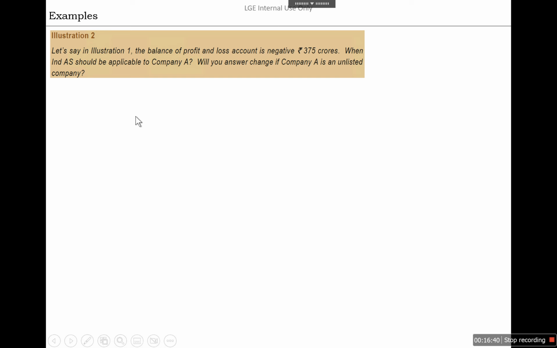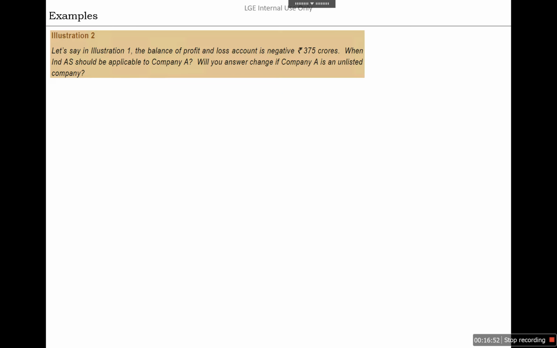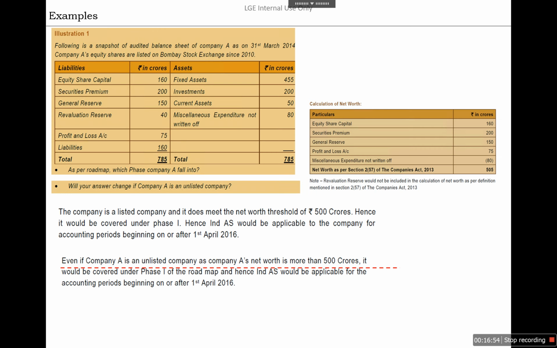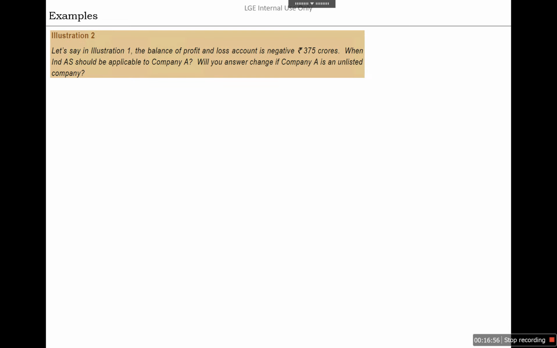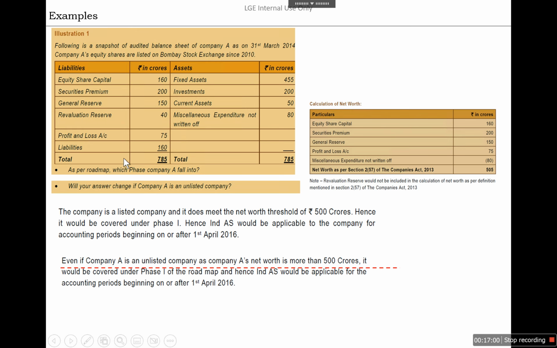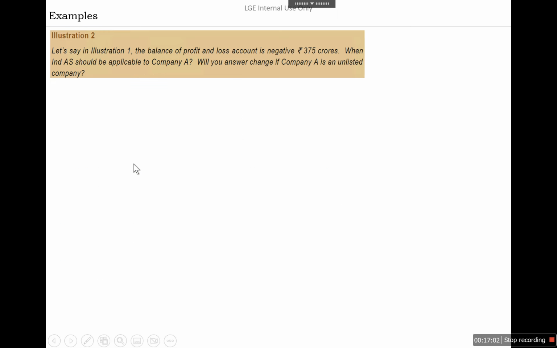Another example: in illustration 1, the balance of the profit and loss account is negative 375 crores. So when would Ind AS be applicable to the company?